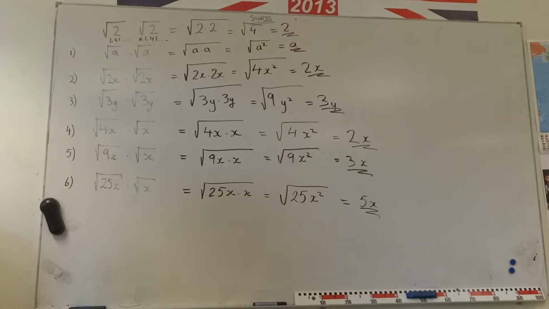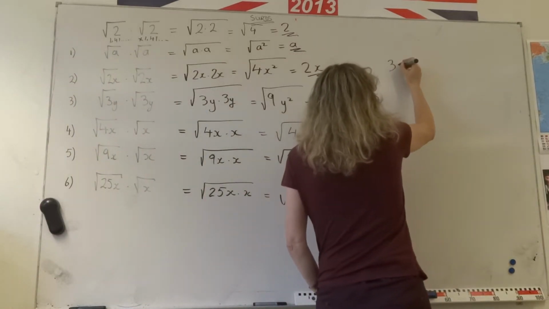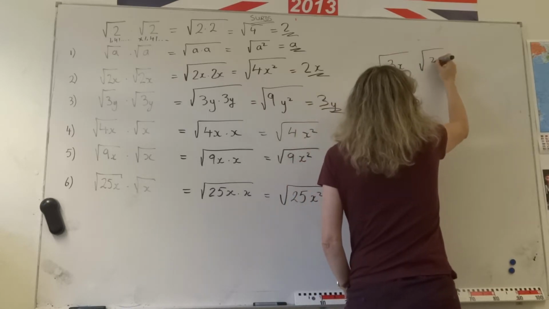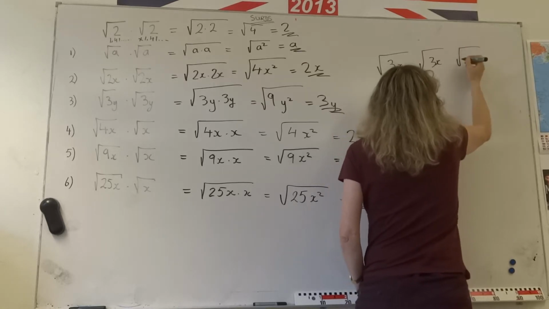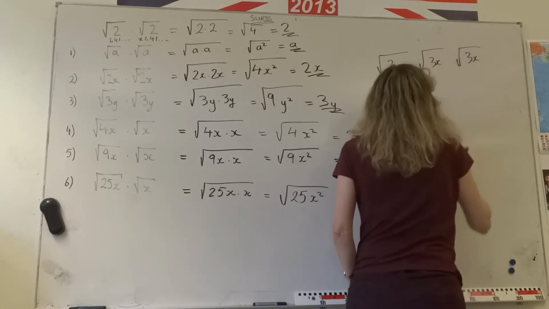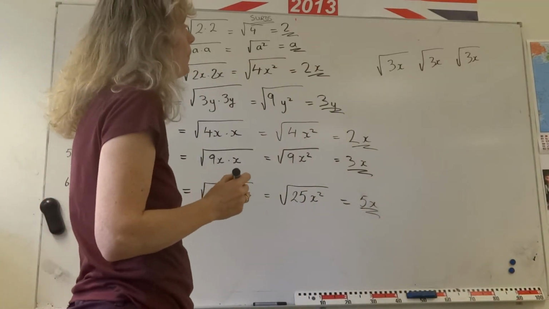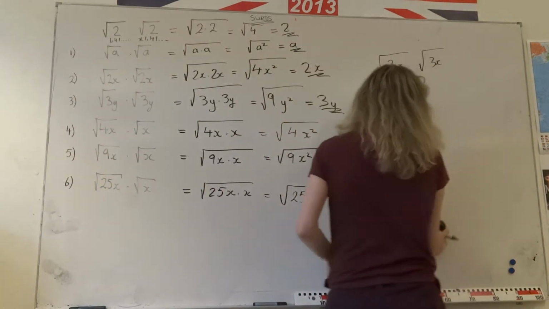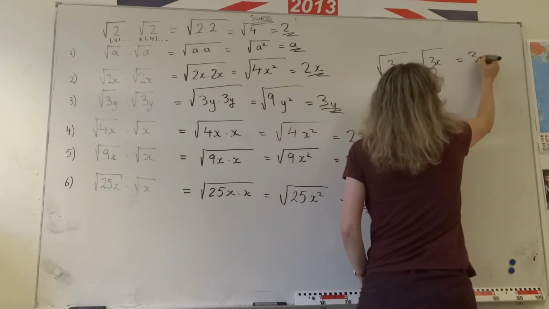So if we had something here like, let's say, the square root of 3x times 3x, we know it's going to be 3x.